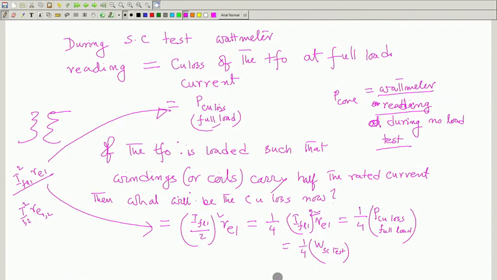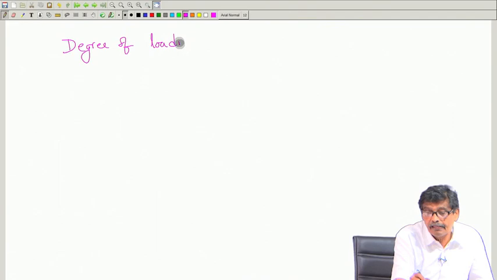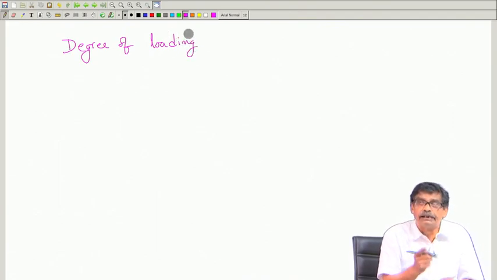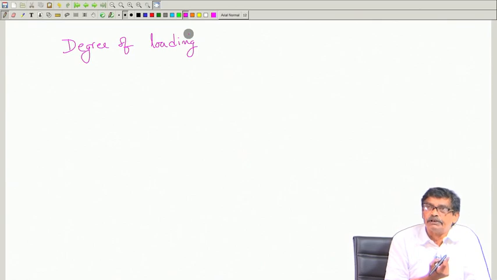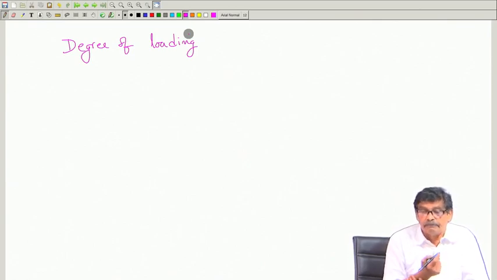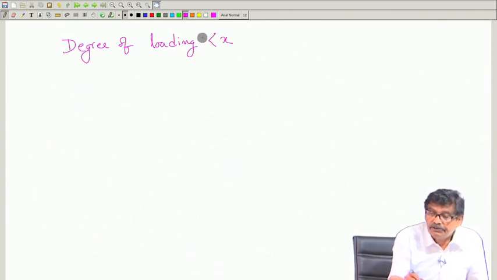You define, then, that copper loss directly depends upon the degree of loading. Now the question is, what is degree of loading? I will use a number x, which I must define as the degree of loading with respect to the rated current carrying capacity of the coil. I will use a number x from 0 to 1.